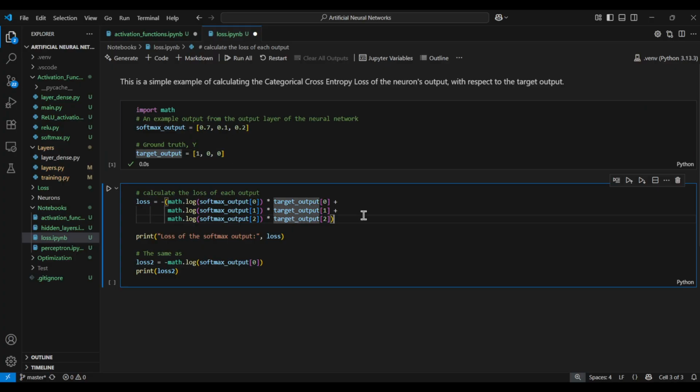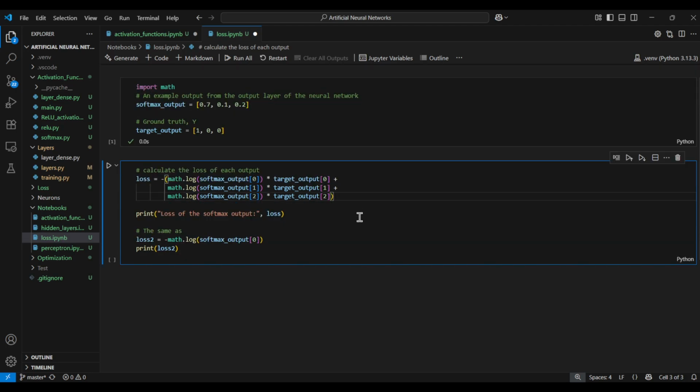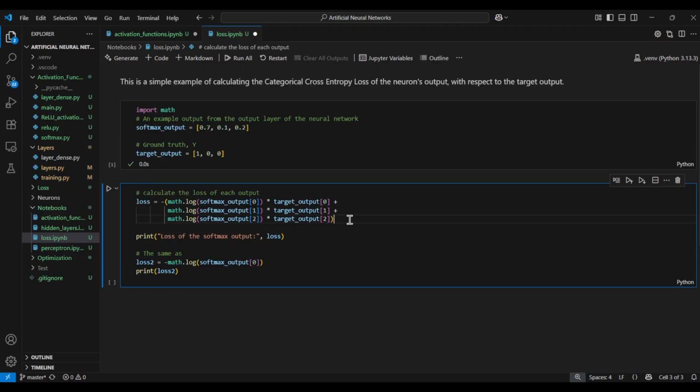Okay, so in order to calculate the loss, we calculate the loss for each output. So this is going to be negative. This is based on the formula for calculating the categorical cross-entropy, commonly used for classification problems. Since here we have three classes, we need to compute the loss for each output, for each class, I mean.